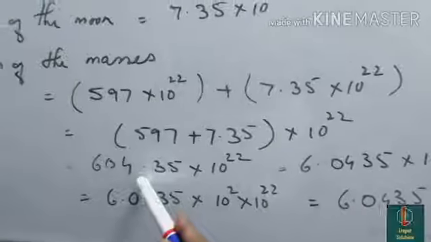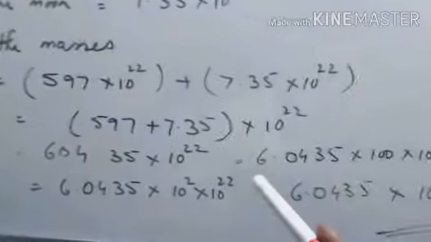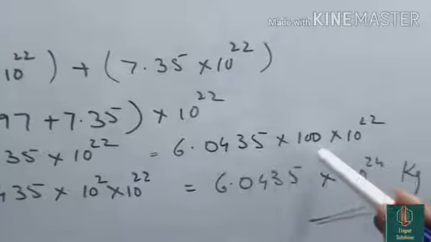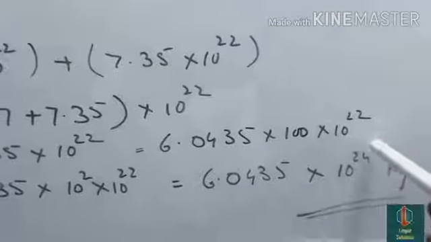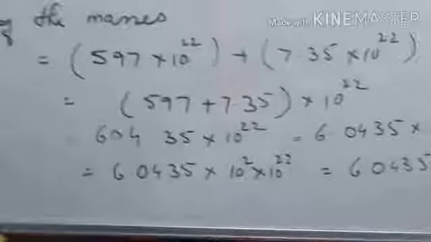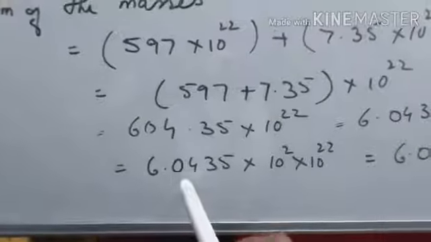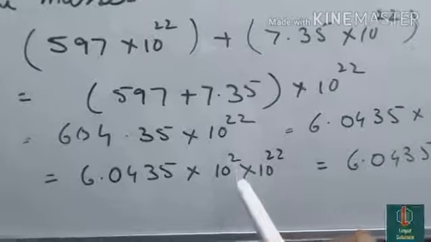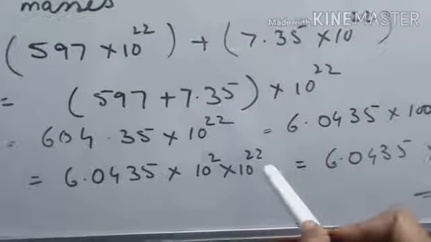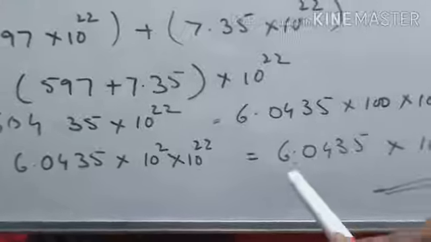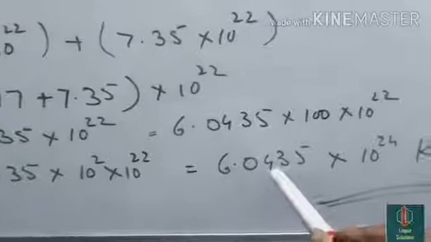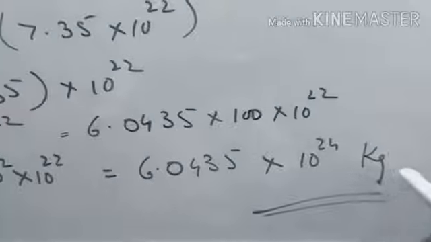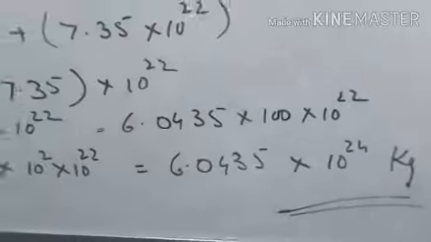Now we will move the decimal from here to here. It will be 6.0435 into 100 into 10 to the power 22, which is equal to 6.0435 into 10 to the power 2, that is 10 square, into 10 to the power 22, which is equal to 6.0435 into 10 to the power 24. Unit is kg.